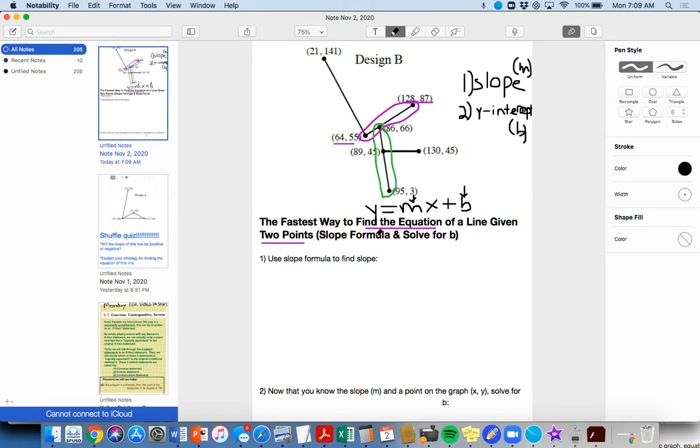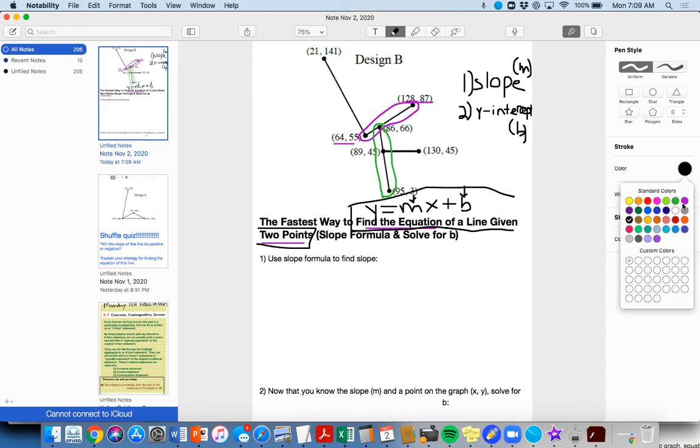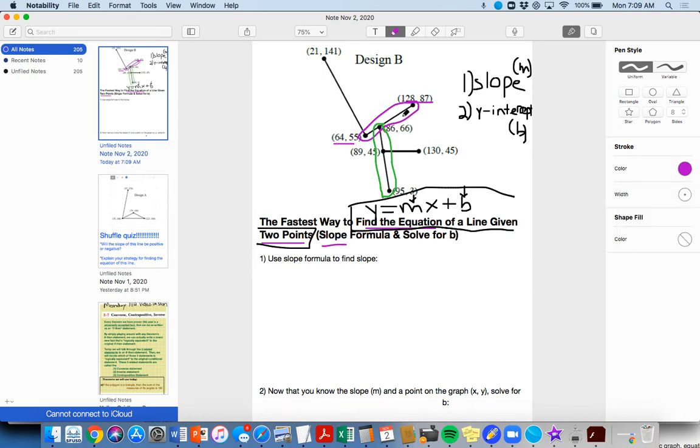So step one, what I'm going to show you to find an equation of a line given 2 points is how to find the slope of this purple line right here. So we'll call that line 1. The best way to get the slope of this line given 2 points is to use the following formula.